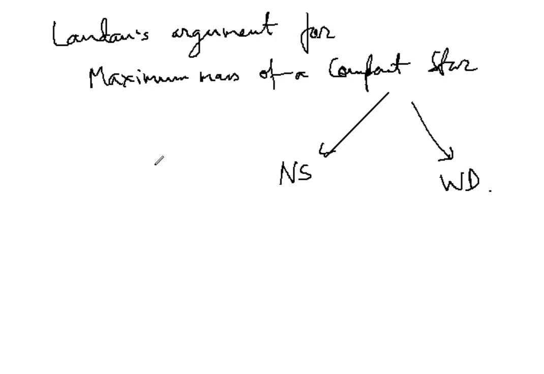Now, before I proceed, let me tell you that in this entire discussion, even for white dwarfs and even for neutron stars, we are always considering a basic assumption, and this is very important for the neutron star in particular.